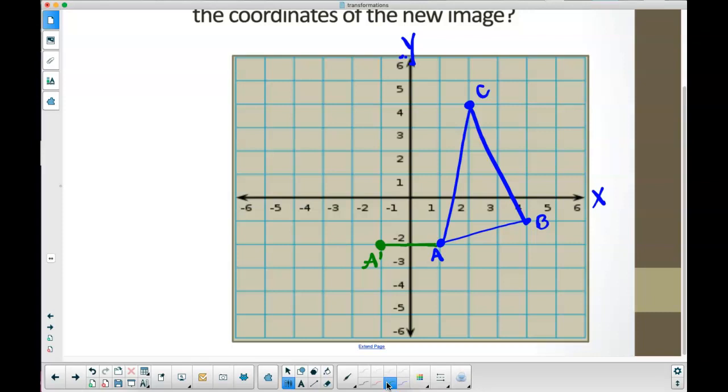Okay, how many units is B away from the axis? 1, 2, 3, 4. So it has to be 4 away on the other side. 1, 2, 3, 4. There's B prime. And C is just 2 away, so 2 away. Here is my new triangle. Is it reflected? Yeah, I could flip it on top of it. Let's list the coordinates.